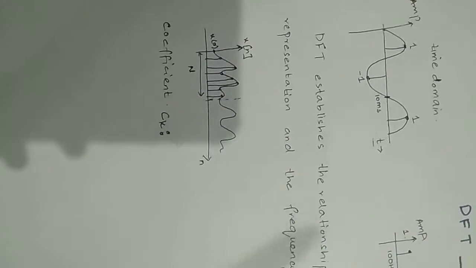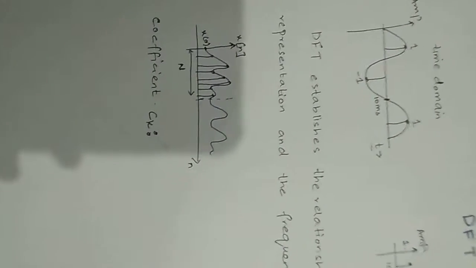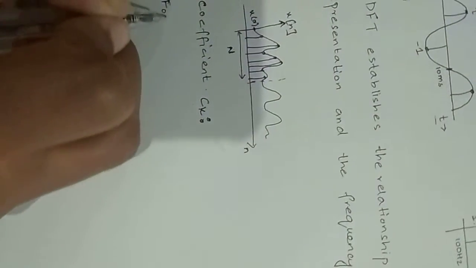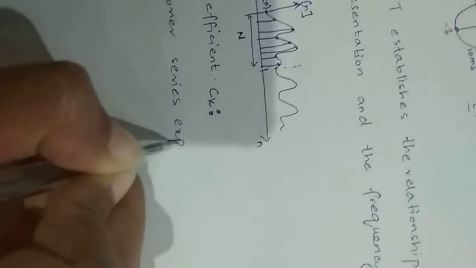Using this figure and doing the calculations, we will be finding the formula for the discrete Fourier transform. Now we apply the Fourier series expansion on this figure.